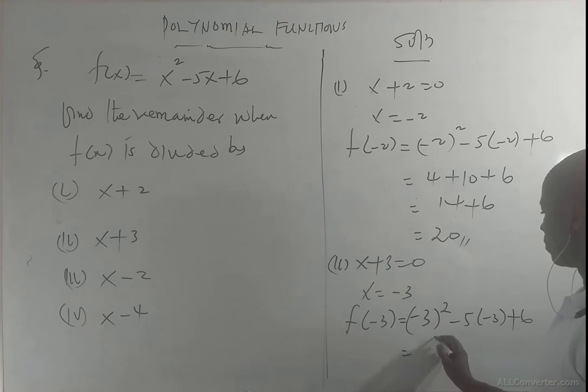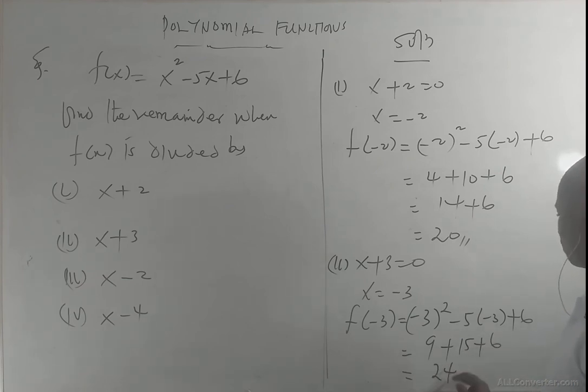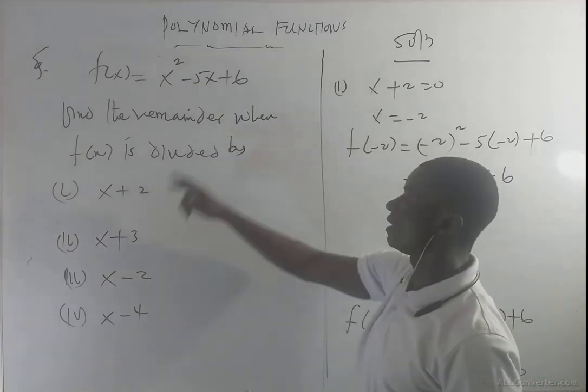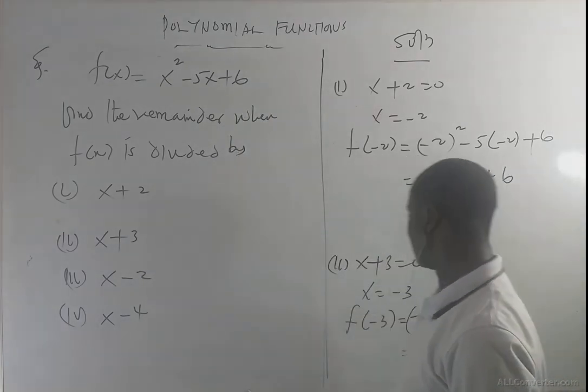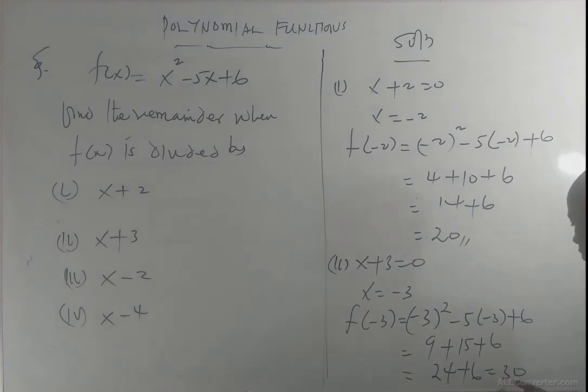And minus 3 squared is 9. Minus 5 times minus 3 will give us plus 15. Then we have plus 6. So 9 plus 15 will give us 24. And 24 plus 6 will give us 30. That means that when you divide the polynomial by x plus 3, the remainder will be 30.